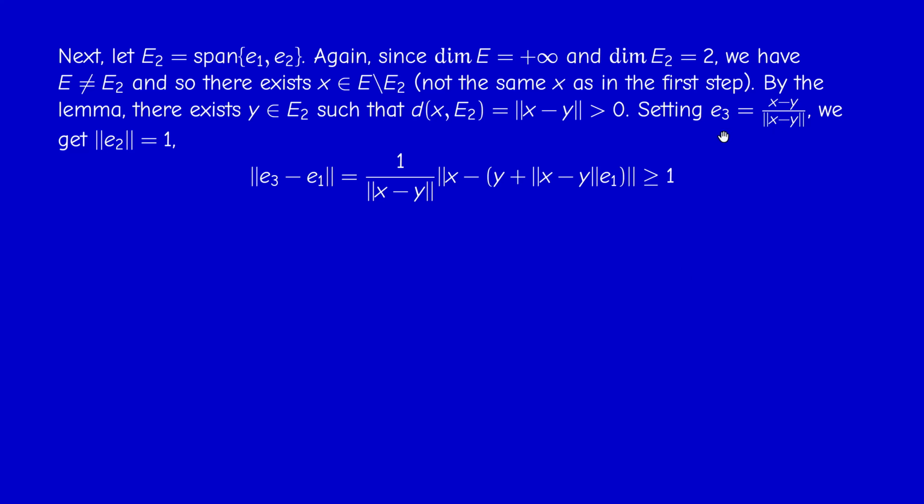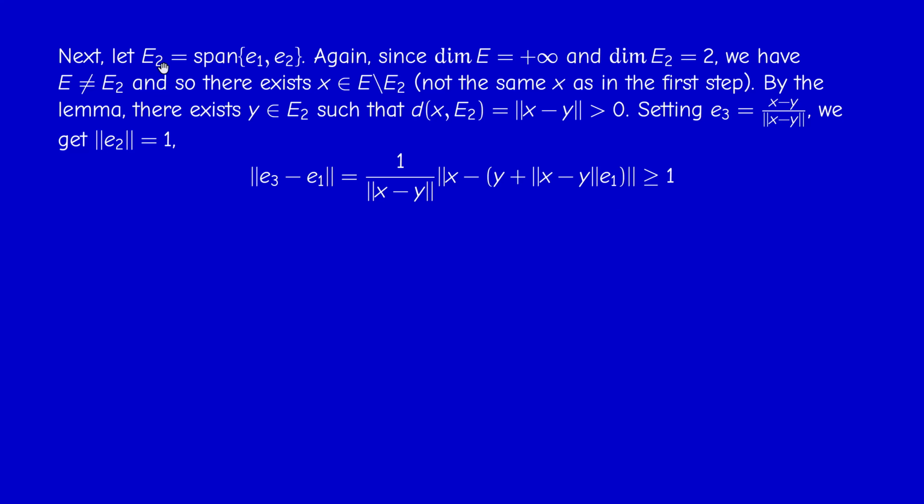And once again, I put e3 to be this normalized vector, so it's in the unit sphere. And if I try to evaluate e3 minus e1, I do the same thing. Now y is in E2, and e1 is in E2 as well, because now I have an increasing sequence.